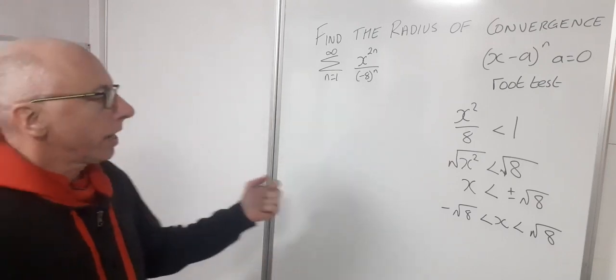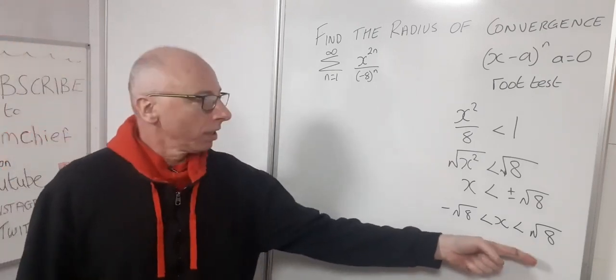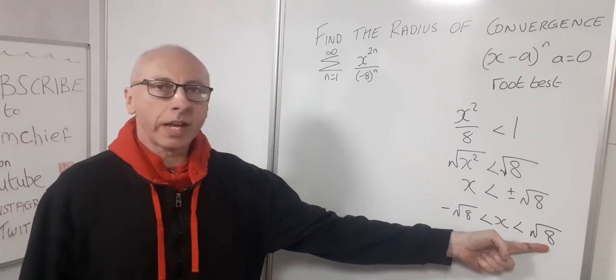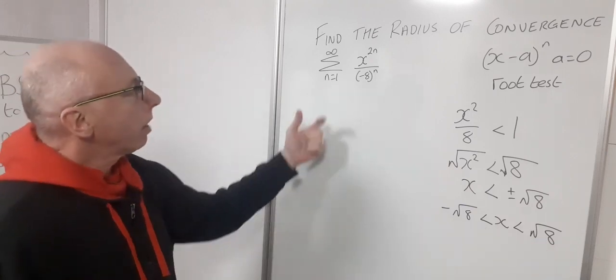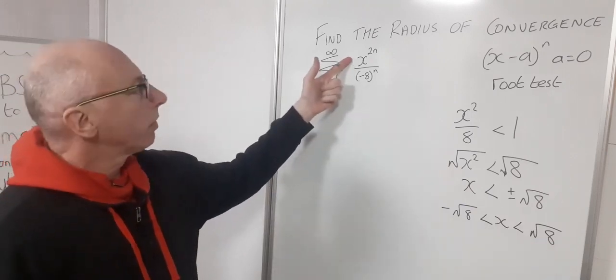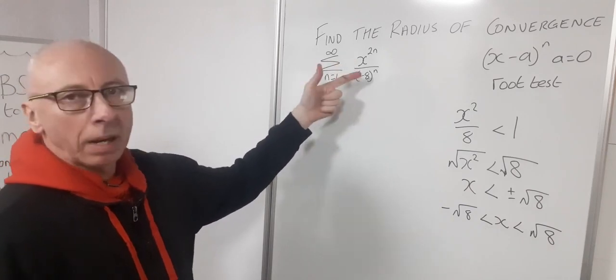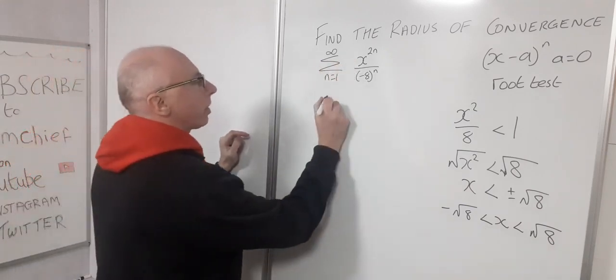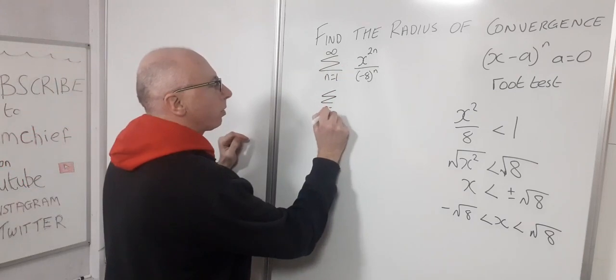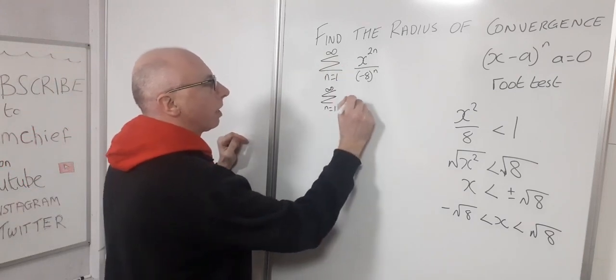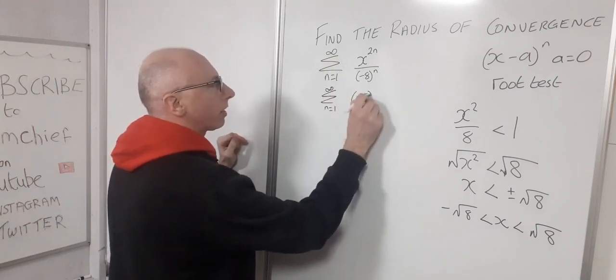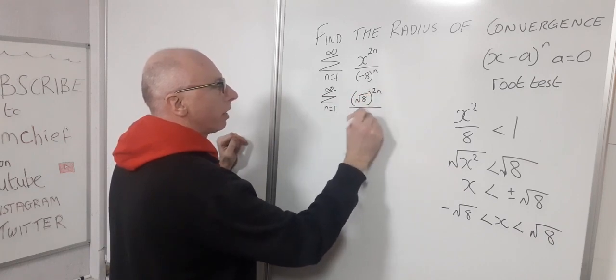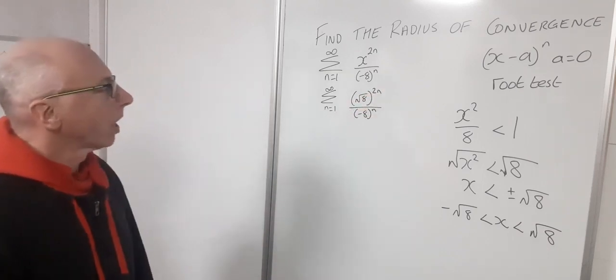Okay, so now let's look at our endpoints. Let's look at square root of 8. Where we see an x, we plug in square root of 8 into our power series. So now we've got the sum from n equals 1 to infinity of square root of 8 to the power of 2n divided by (-8) to the n.